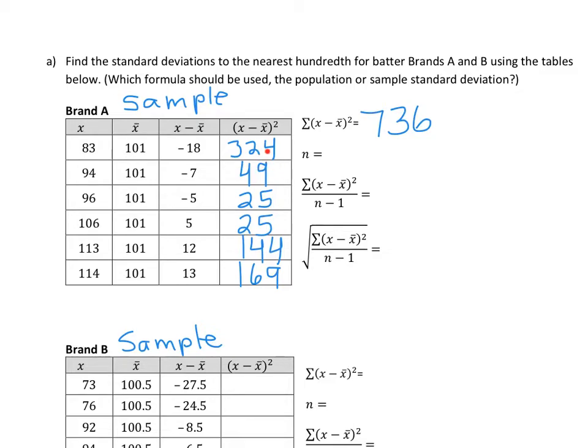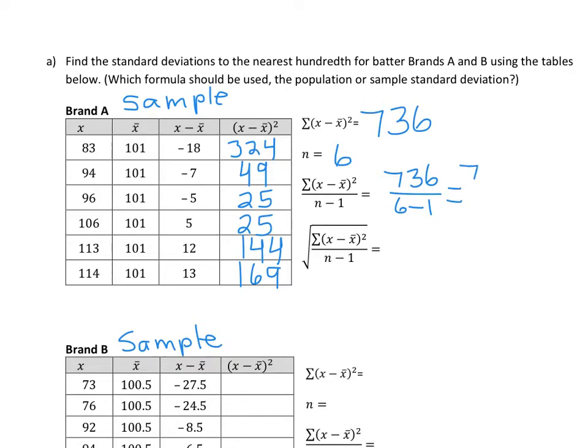So for brand A, we have 1, 2, 3, 4, 5, 6. n is 6. So this piece right here is just this up here, the summation of the squares of the deviations. So our numerator is going to be 736, and the denominator is going to be n minus 1, or 6 minus 1.